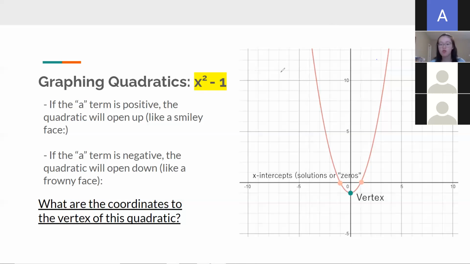And looking at the graph, what do you think are our solutions? Our solutions are basically where the quadratic touches the x-axis. So on the quadratic x squared minus 1, where does the quadratic touch the x-axis? Feel free to type it in the chat.